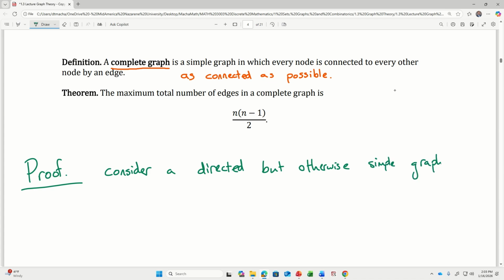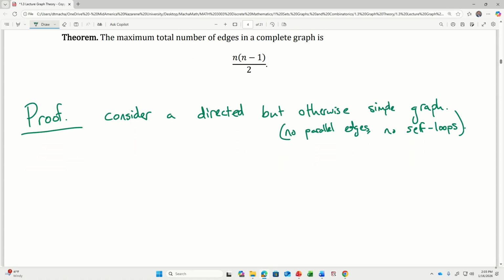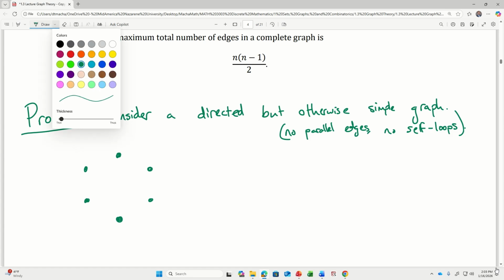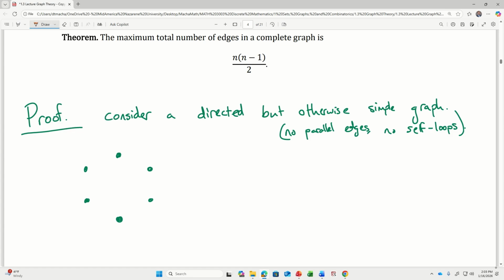And I guess what I mean by that is no parallel edges and no self-loops. But I'm allowing myself to have direction. That means if I put all my nodes around in a circle, every single node can have an edge directed away from it.